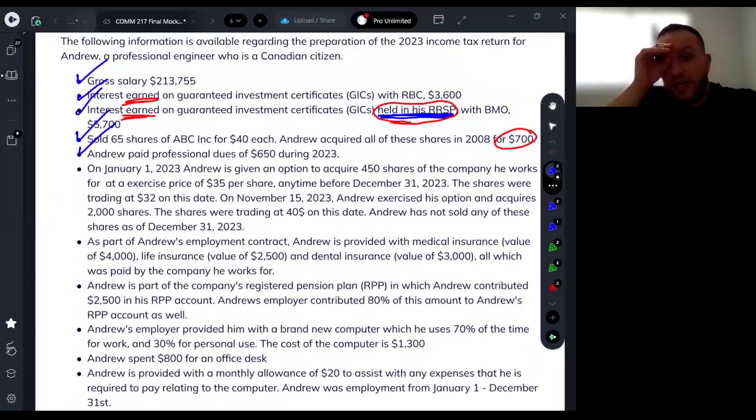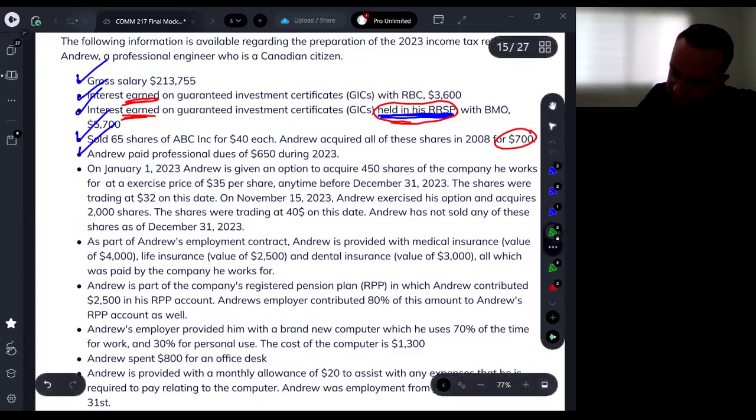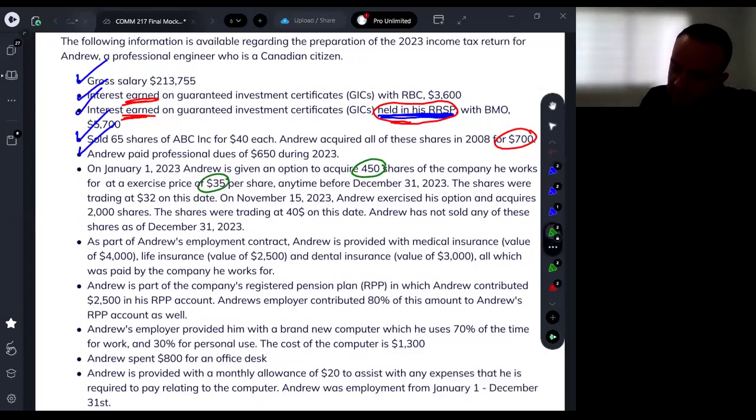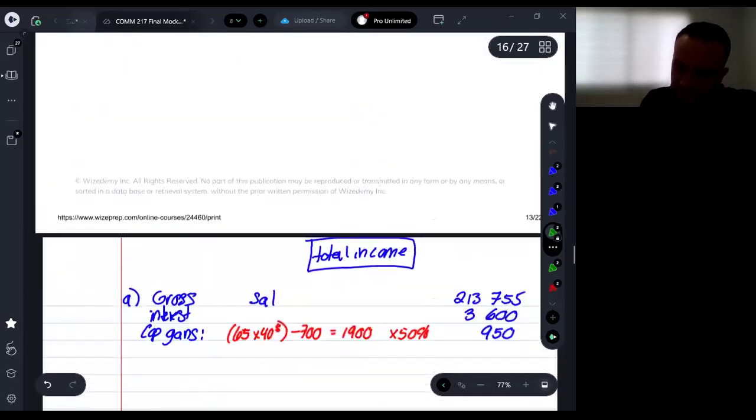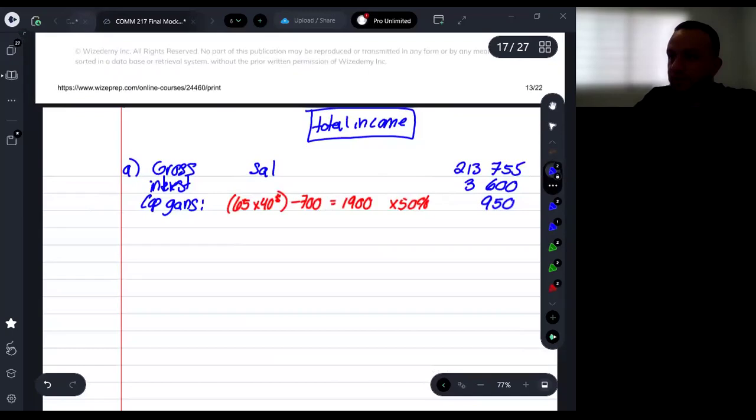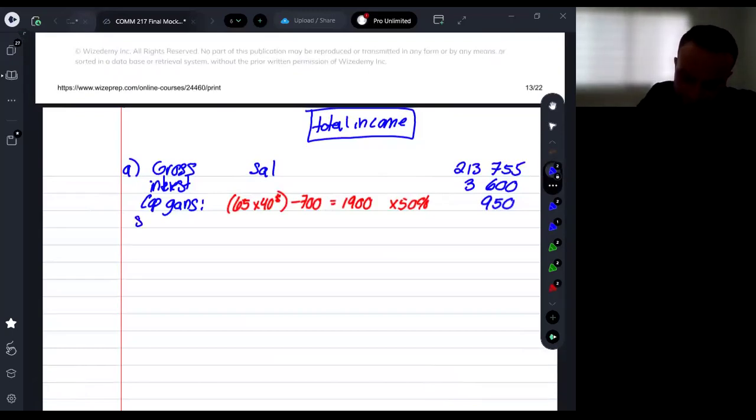On January 1st, Andrew is given an option to acquire 450 shares of the company he works for at a price of $35, anytime before December 21st. The shares are trading at $32 on this date. Okay, that doesn't matter. On November 15th, he exercises the option and acquires the shares. The shares are trading at $40 on this date. So basically, we're going to have the stock options.